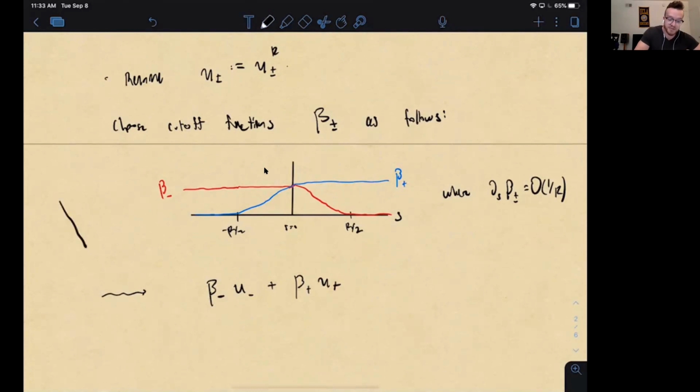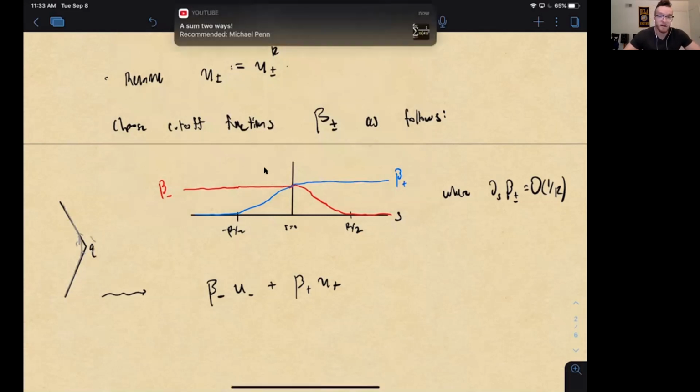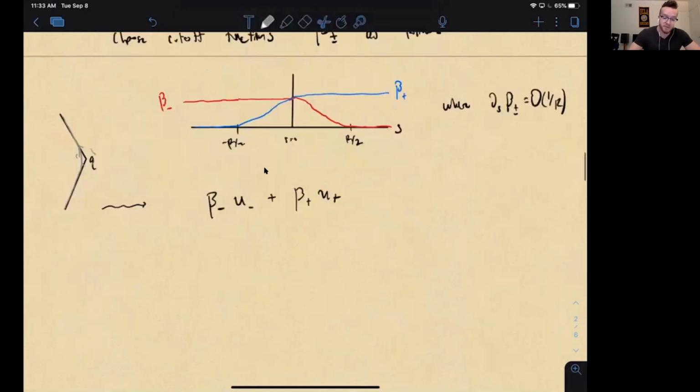So all I'm doing here is I have my coordinate chart and these interpolation functions, and I'm just smoothly interpolating between them.